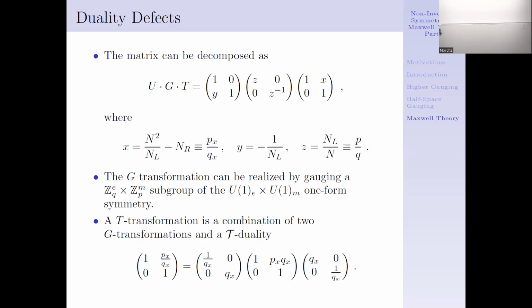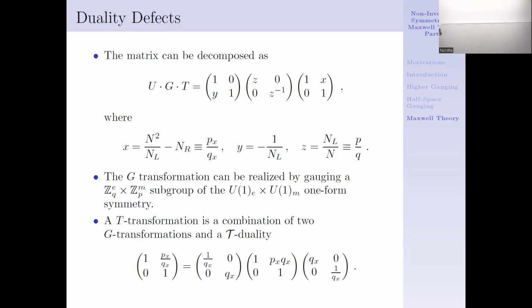So let's now see how we can get the actions of these two matrices. This is just T-duality, but at rational X, which we can get by first starting with the gauging of the magnetic ZQ one-form symmetry, combined with the usual T-duality, and then gauging a ZQ subgroup of the electric one-form symmetry.